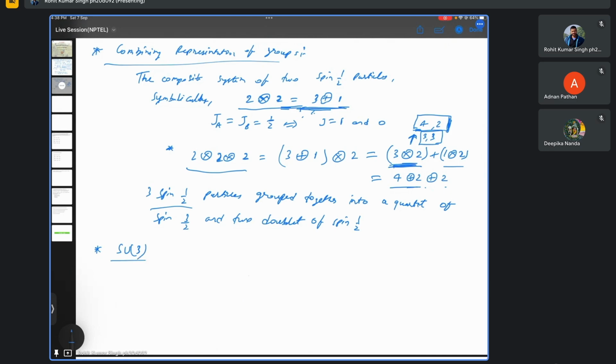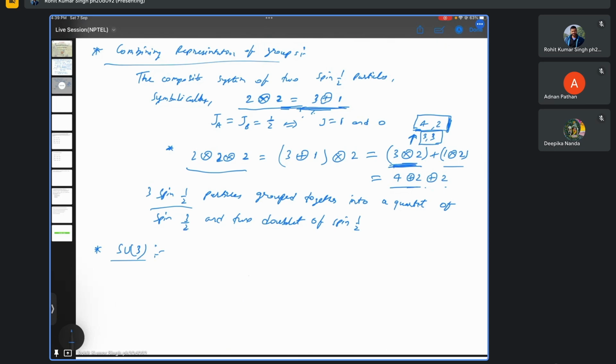SU3 will be just the special unitary group of 3 cross 3 matrices, and so again it will have some generators, it will have their bases and all. But why did we need SU3? Why were we not satisfied with the SU2 of isospin group? Why was it not enough?